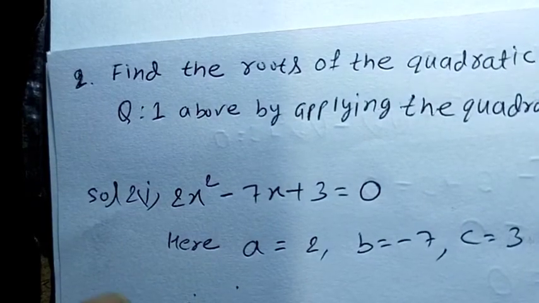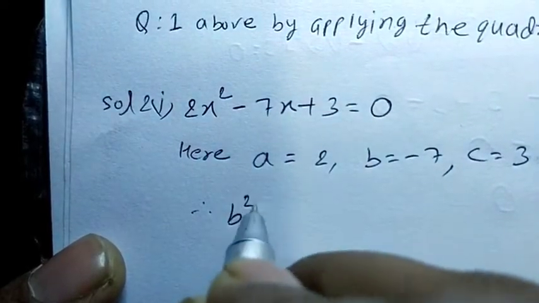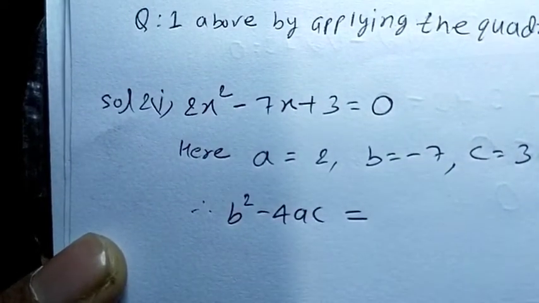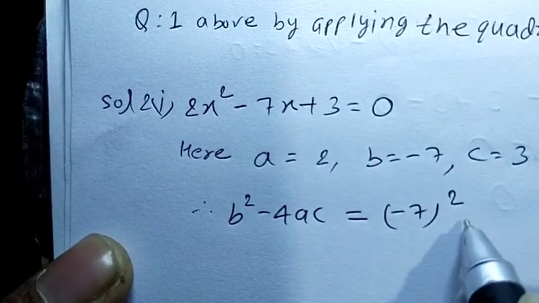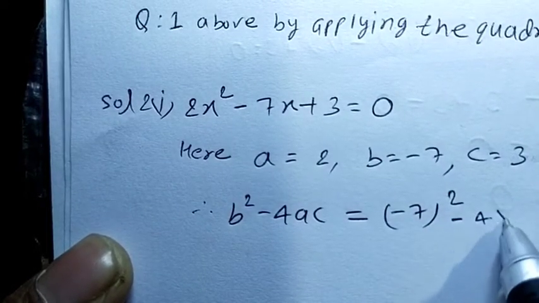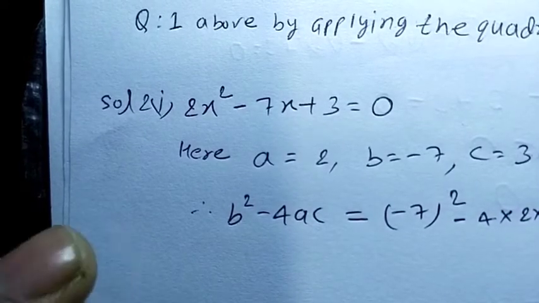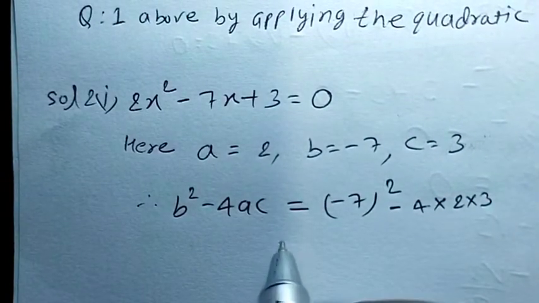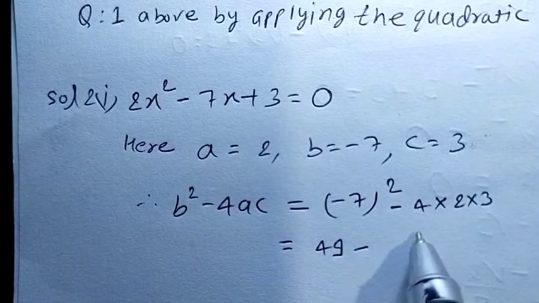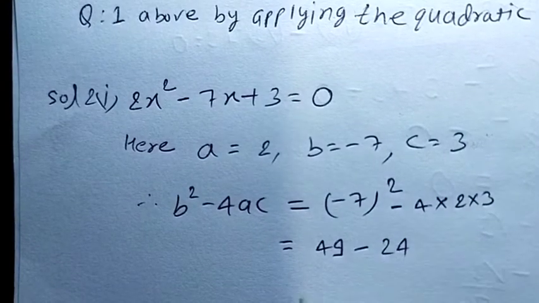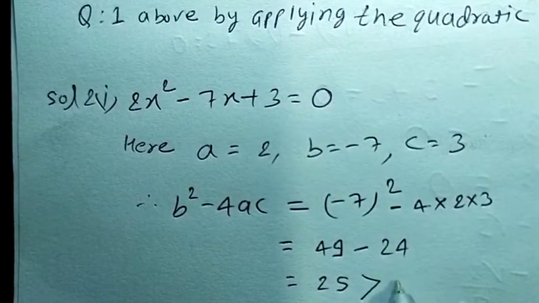Therefore, b square minus 4ac is equal to minus 7 the whole square minus 4 into 2 into 3, is equal to 49 minus 24, it is equal to 25. This is greater than 0.